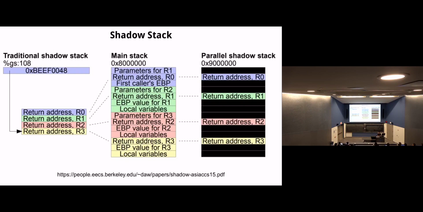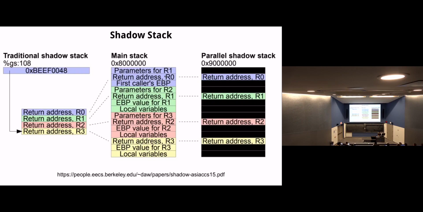But the problem with this is that it is kind of slow. Later, when we look at the binary code, you can understand why this could be a little bit slow. Another approach is called the parallel shadow stack. In this case, the shadow stack also only stores the return address.